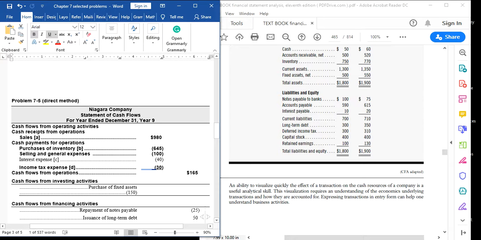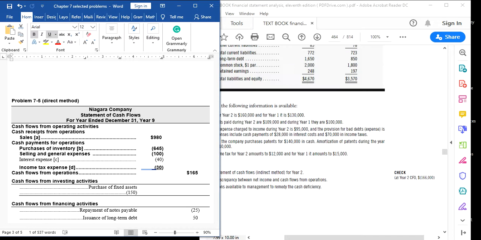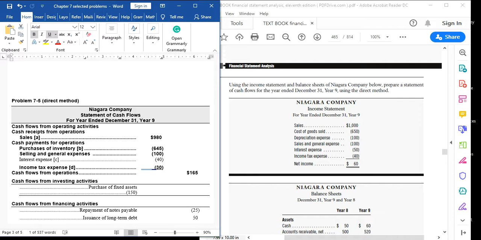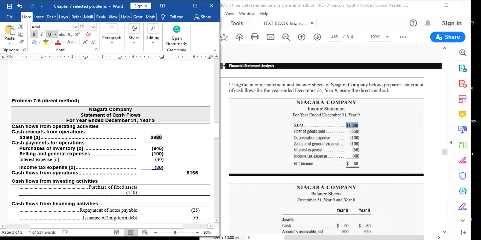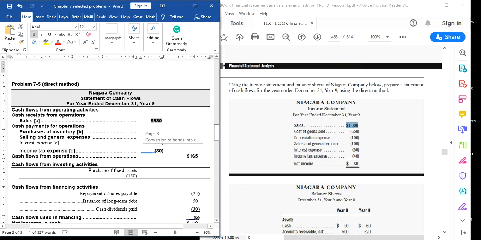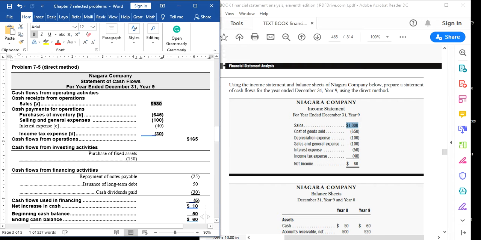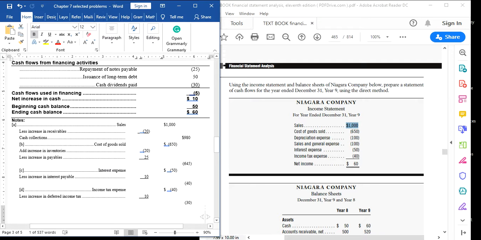Sales are given here, but the thing is, sales are 1000 here, but we include only 980. Why? Because we deduct an increase in the receivables from that one.